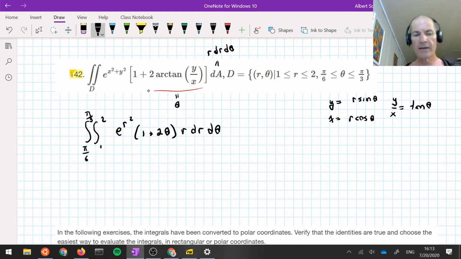Once again, we have an integrand that is the product of a function solely of r and a function solely of theta, so we can separate these into two integrals.